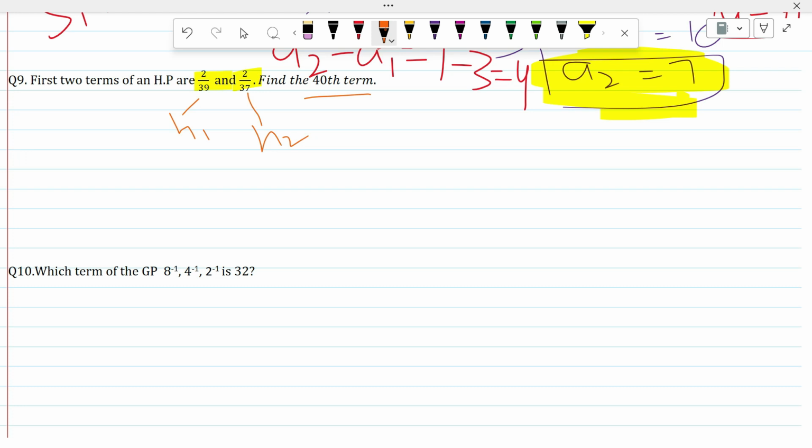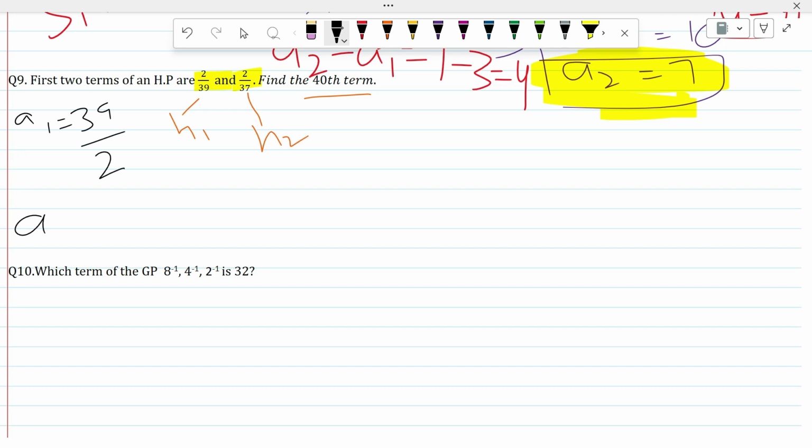Now, what I need to do is convert this into an AP, arithmetic progression. In AP, this will be A1 is equal to 39 upon 2 and A2 is equal to 37 upon 2, right? Now I have A1, okay?